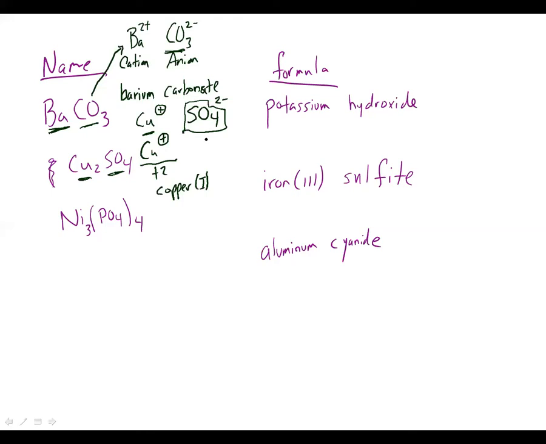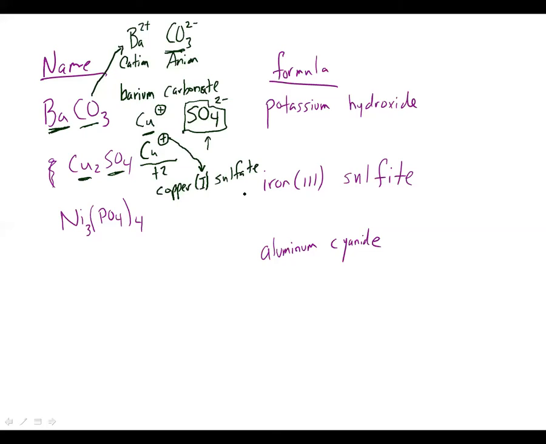And again, we'll use the entire name for our SO4, which is sulfate. Although there are two of them, remember that the Roman numeral indicates not how many metals you have, but the actual charge on each individual metal. So this would be copper(I) sulfate.